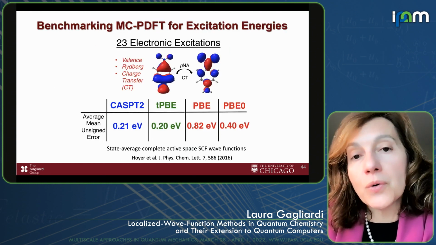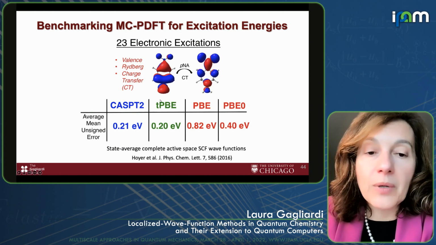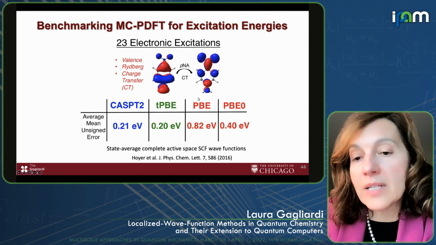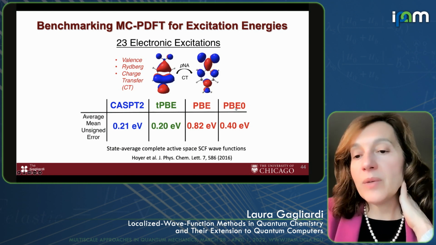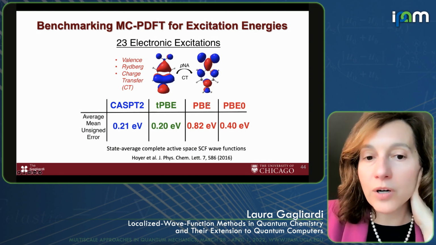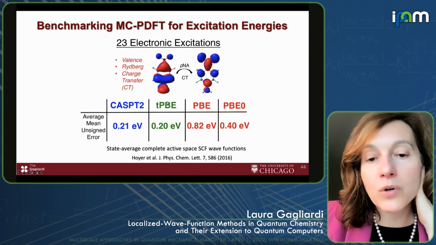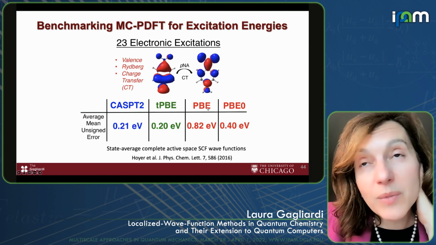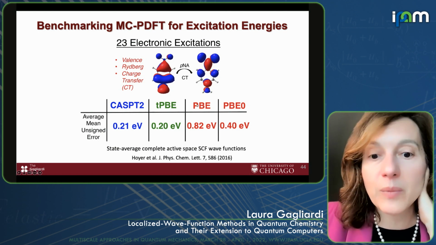To show you how this method performs, for example on this data set, we are comparing two very basic Kohn-Sham functionals, PBE and PBE0. Of course, one can do better in the Kohn-Sham world. But we use the analogous, in our world, what we call translated PBE, because we just take the same functional form from PBE.